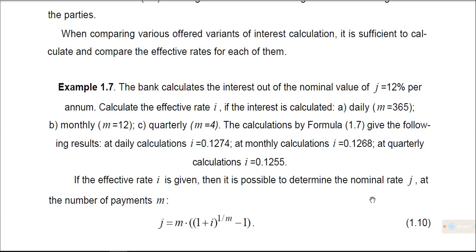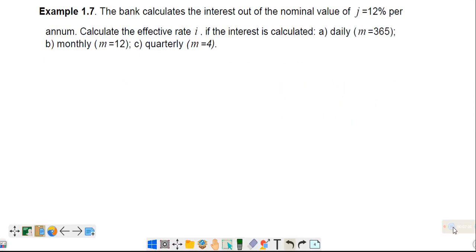Okay, so I will just prepare my board so that you can see how it is done. Okay, and now the board is ready. So, balikan natin yung mga formulas natin kanina.